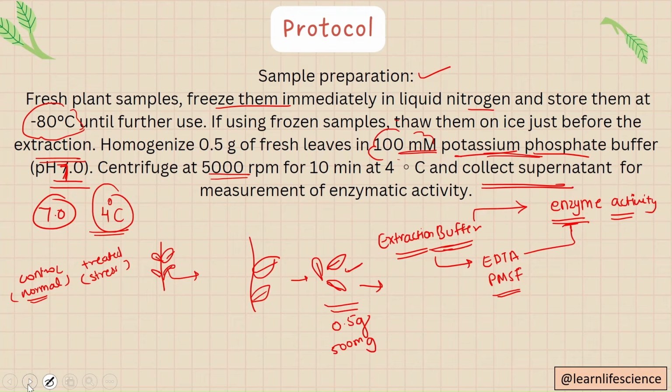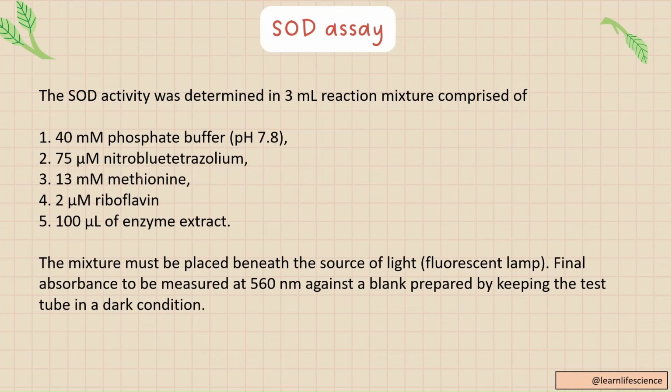Moving on, the second thing is the reaction mixture preparation. For the determination of superoxide dismutase activity, you will have to take 3 ml of the reaction mixture. The reaction mixture will comprise phosphate buffer. Firstly, you will have to prepare 40 millimolar phosphate buffer of pH 7.8.